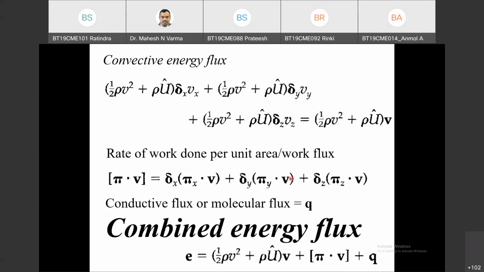Yeah, roll number 92. Roll number 92. So can you just briefly explain what is given on the slide? I'm not able to hear you.